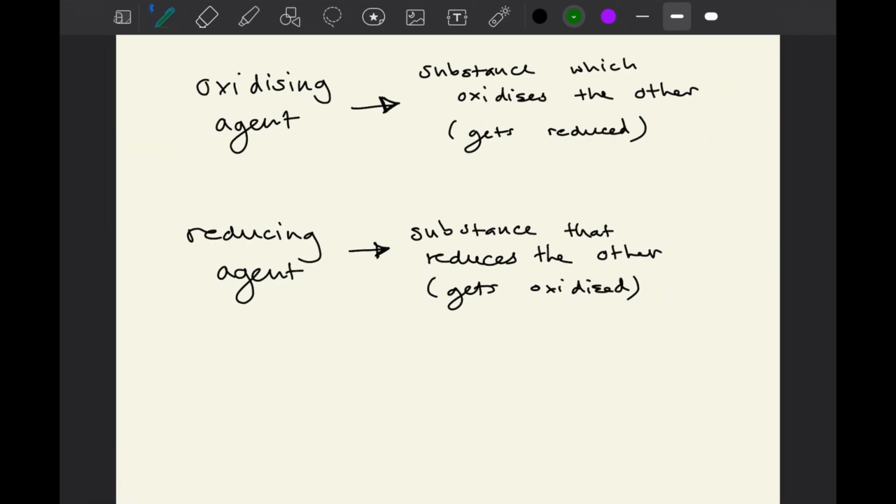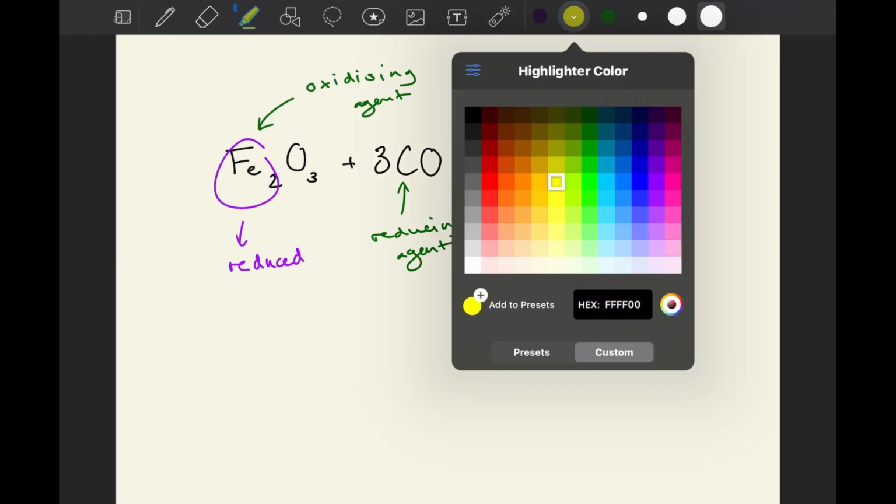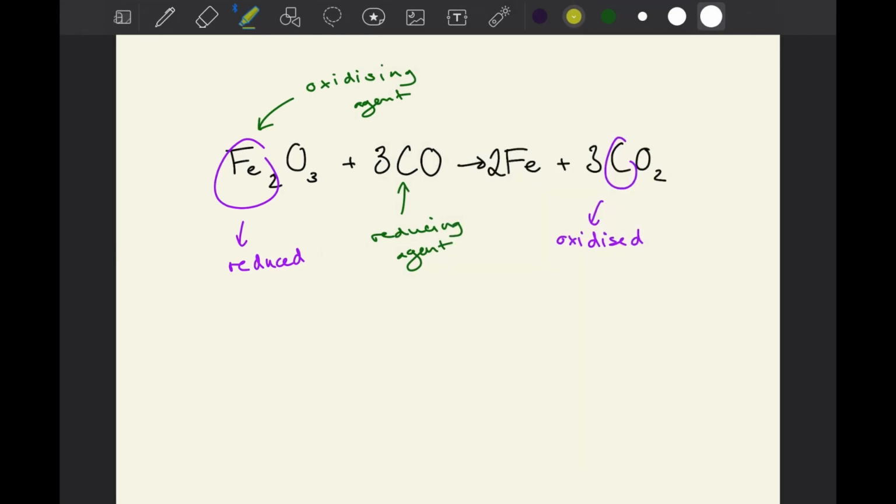Alright, so this was really simple, and reactions like this can be spotted very easily because they have clear oxygen. Over here, you can clearly tell that the oxygen moves from iron to carbon. But redox reactions do not always involve oxygen.